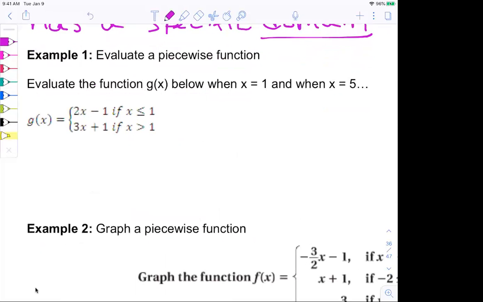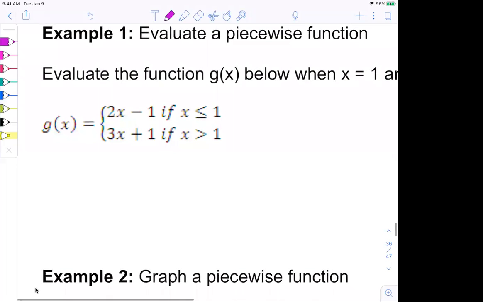So if I look at the first equation, a piecewise function uses those little squiggly guys again, braces, brackets, whatever they're called. But we have the function notation outside, that g of x. It could be f of x, it could be g of x, whatever function notation we're using. Our piecewise function is equal to 2 equations. The first equation says 2x minus 1.